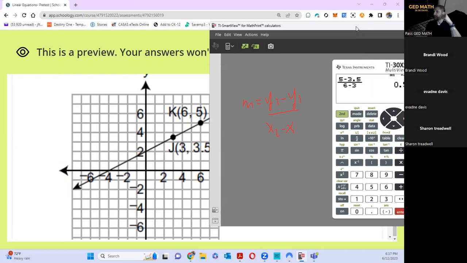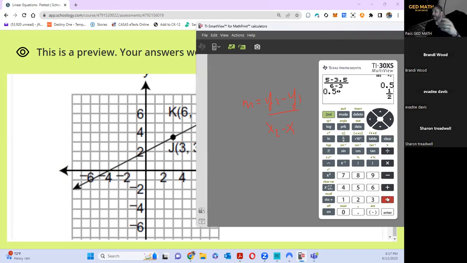Enter. 0.5, 1/2. I'm done. You don't even have to waste your time so you can make a mistake. If you know the formula, this is what I keep trying to tell people. You have to be familiar with how to use this calculator. You got to be familiar with your formula sheet. Otherwise, you can spend months trying to figure out the slope.